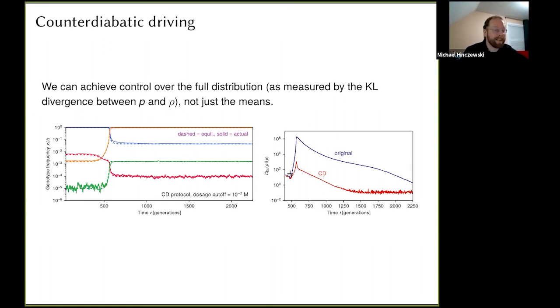In the original one, the KL divergence spikes up to a large value and eventually goes down as you equilibrate, but with a long lag time. In the CD one, your KL divergence is much less, right? And goes down to its minimum value much quicker because you've eliminated that lag. So you really are achieving approximate control of the entire distribution when you do this.